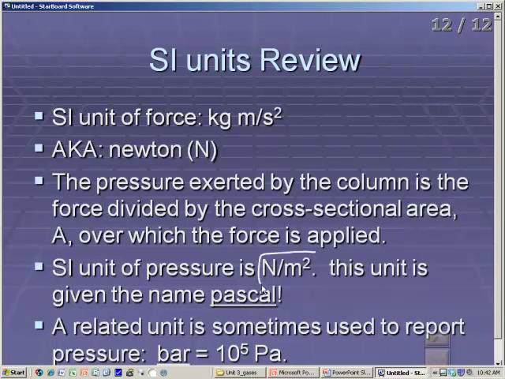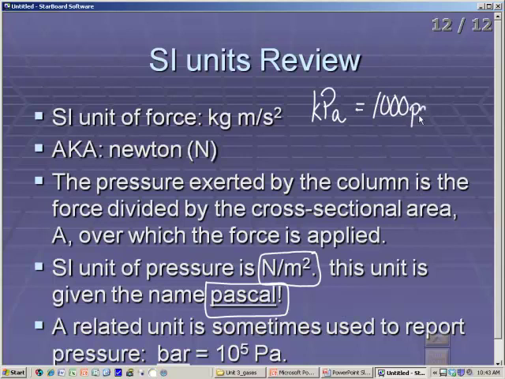So there's this, but you've probably never seen that before. You've probably seen this other one, pascals. Some people recognize pascals as kilopascals. Did you realize that a kilopascal is equal to 1,000 pascals, and that a pascal is equal to a Newton per meter squared?